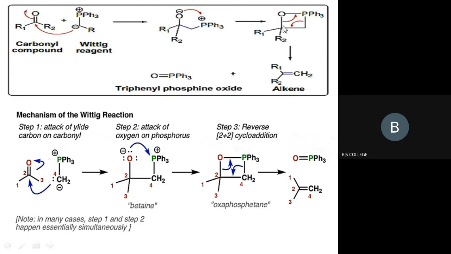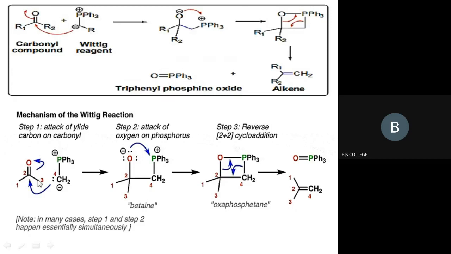Now you can see a C double bond O is converted to C single bond O in the betaine intermediate, and then this bond between carbon and oxygen is broken completely, and a new bond is formed between the other carbon. So a single bond will be converted into a double bond. So you get an alkene as a product and triphenyl phosphine oxide as a byproduct. Always remember, this is the common byproduct in all Wittig reactions.